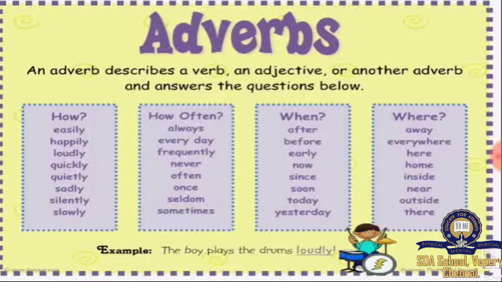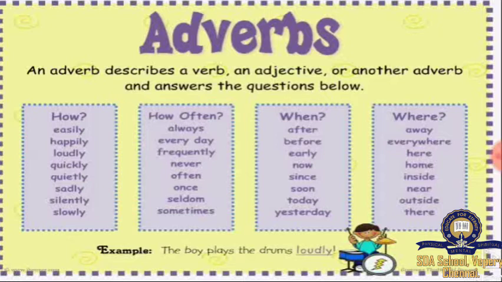An adverb describes a verb, an adjective, or another adverb and answers the questions below. So, an adverb basically describes. It answers questions like how often, when, and where. The answers for them are given below the questions.